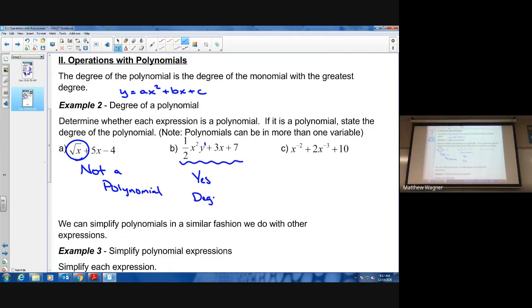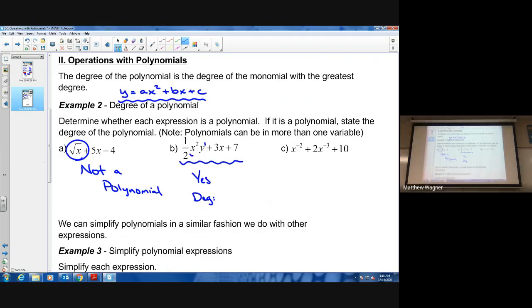If you are to ever state the degree of a polynomial, it's always going to be the highest power. So an instance of a quadratic equation like we were studying last chapter, the degree of those polynomials is 2. With polynomials, you're always looking for that highest power.